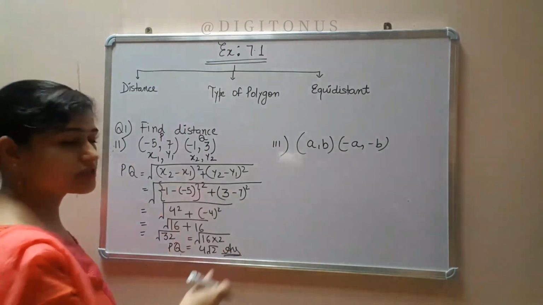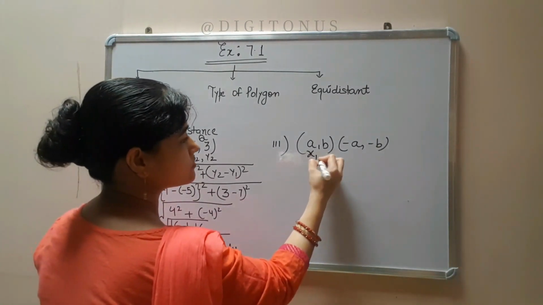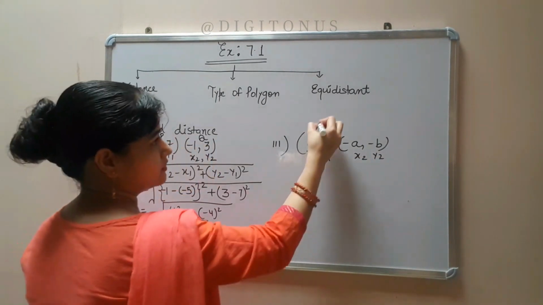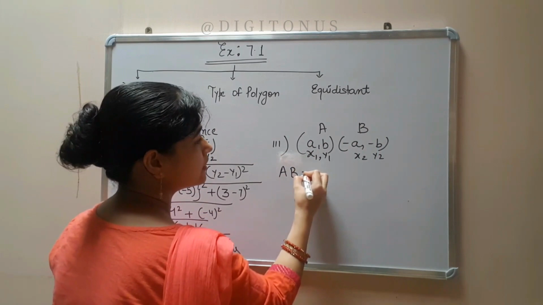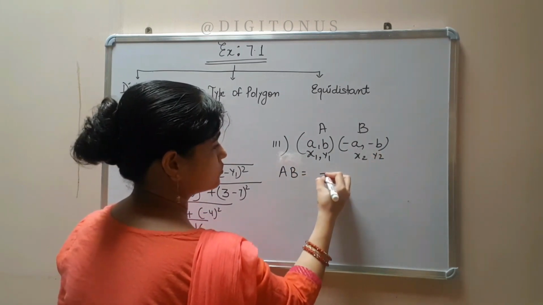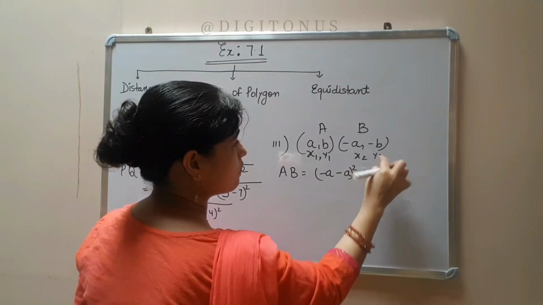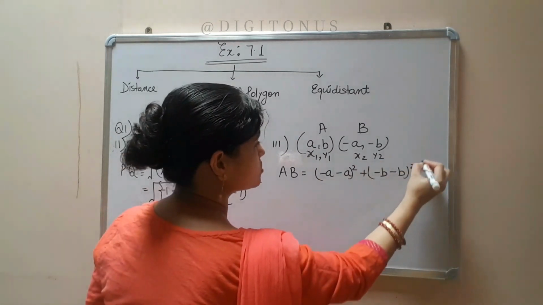Now for more clarification, we will do one more part, AB. So this is your x1, y1, and this is your x2, y2, points A and B. So AB will be square root of (x2 minus x1) whole square plus (y2 minus y1) whole square.